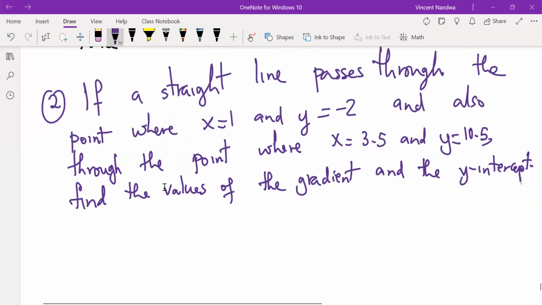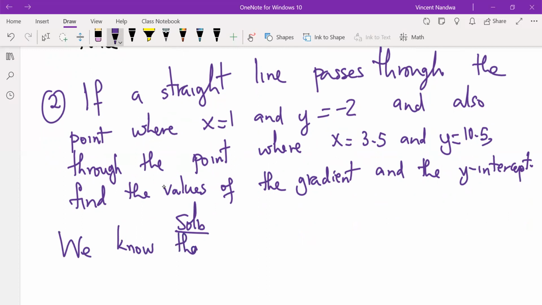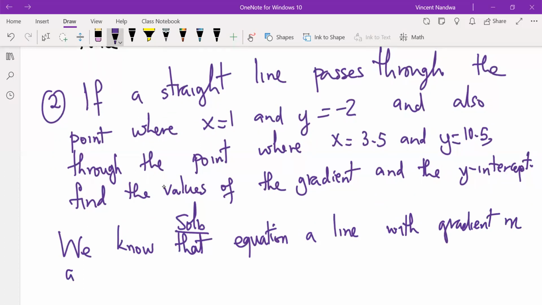Now, to solve this, you remember that the equation of a line, we know that equation of a line with the gradient m and y-intercept c is y equals to mx plus c.